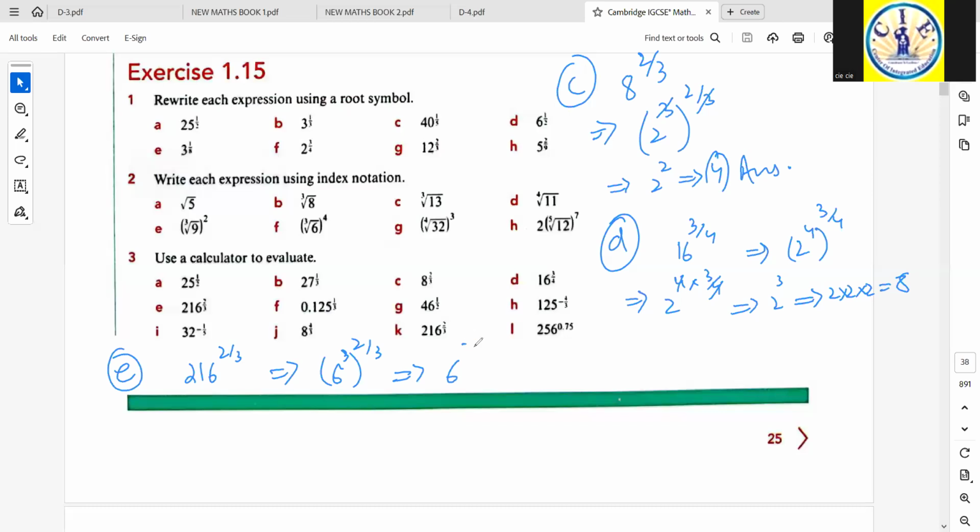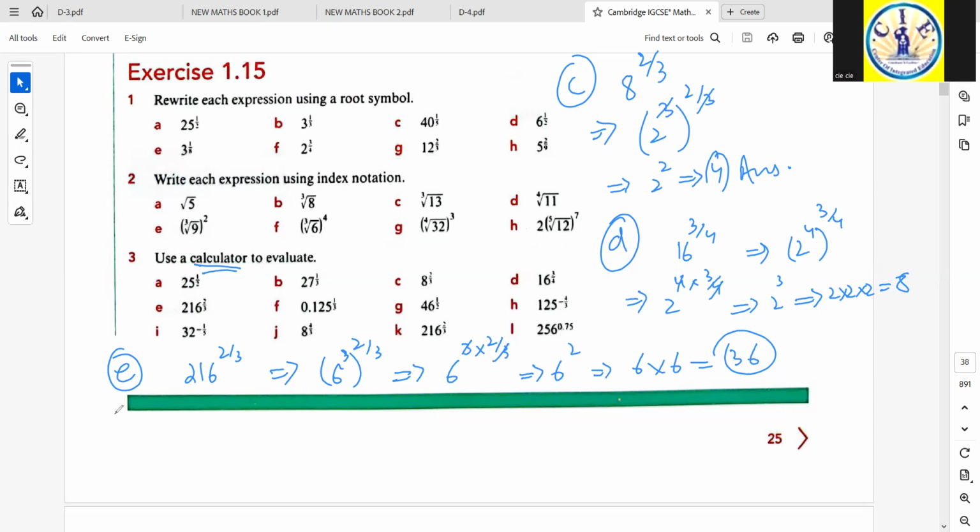Again, two indices of the same base means you multiply the indices, cancelling 3. So 6 raised to power 2 means 6 times 6, that is 36. That is one of the manual ways of solving these questions. But since the question requires a calculator, you need to use the calculator as we have been doing in the starting parts of this question.